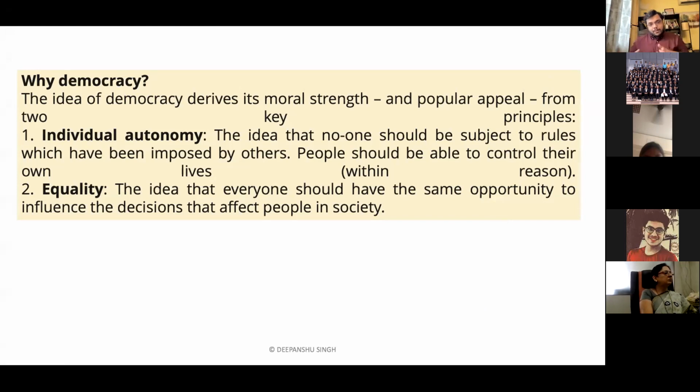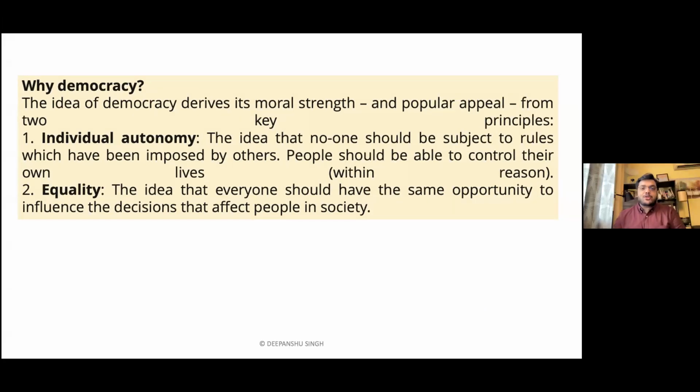Nowadays there is a lot of debate about whether India needs democracy. There was a recent comment also that India mein bahut zyada democracy bhi hai, so we have too much democracy. Considering those viewpoints, why do we think that we need a democracy in India?